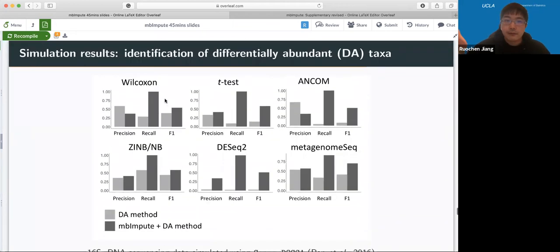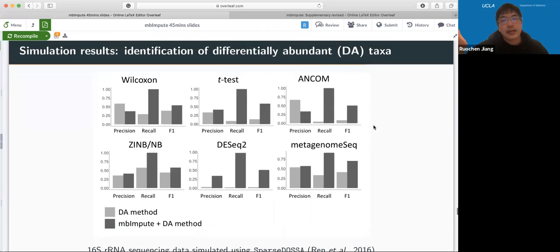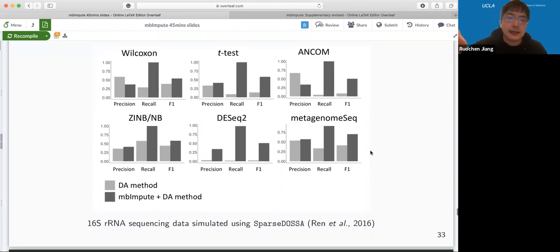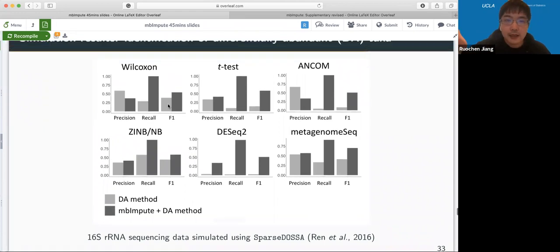Then I performed other analyses, for example, the identification of differentially abundant taxa. Basically, I perform statistical testing to see which taxa have different abundances in control samples and in disease samples. The Wilcoxon test, DESeq2, and metagenomeSeq are commonly used DA methods in the field.